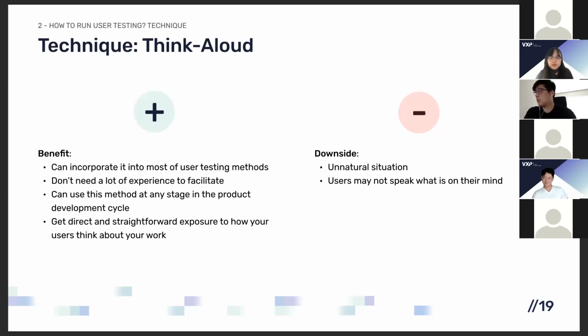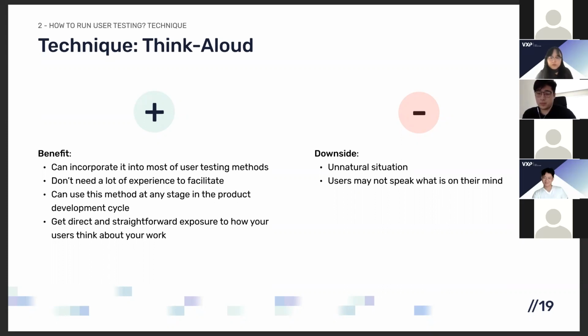So there is a risk that they don't speak what is on their mind. So it is important to look out for that and make sure that you can identify when the user is feeling uncomfortable and starts to edit their thoughts, and you would have to ask a series of guiding questions and make sure that they are feeling comfortable again to get the most realistic and true information from them.